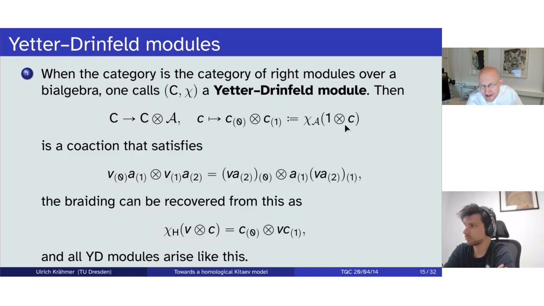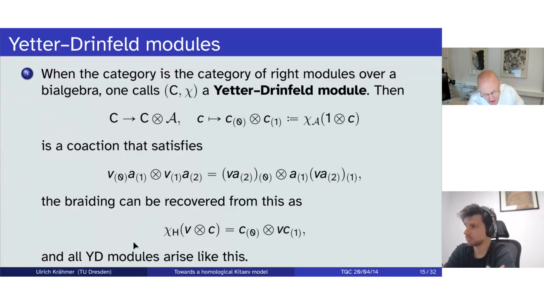Simply apply that braiding to one tensor C, call that the map from C to C tensor A in that Sweedler type notation, and then you verify that the braiding condition implies that this is the right coaction. So an object in the Drinfeld center becomes also a right co-module. Yeah, it was a right module in the first place, it becomes a right co-module, and then you verify that this horrible compatibility condition is satisfied. Which basically says something about how first acting and then co-acting commutes with first co-acting and then acting.